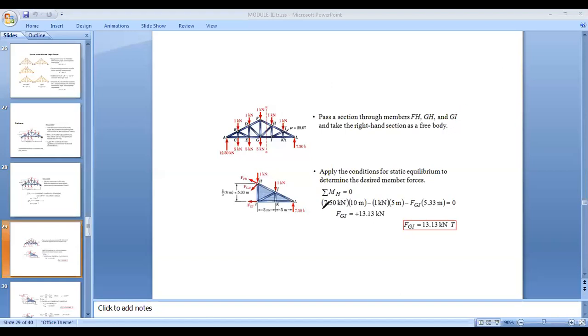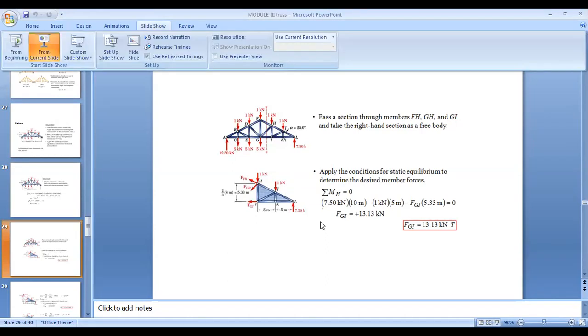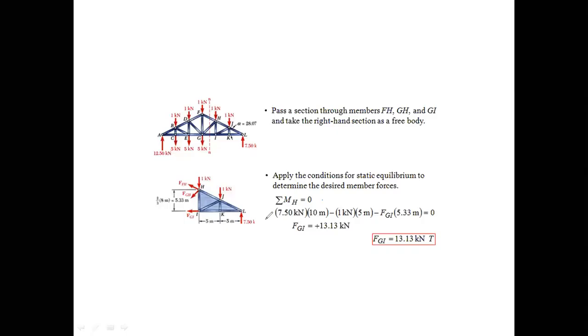So this is 7.5 into 10 meter, minus 1 kilonewton into this distance 5 meter, minus force in GI into this distance.